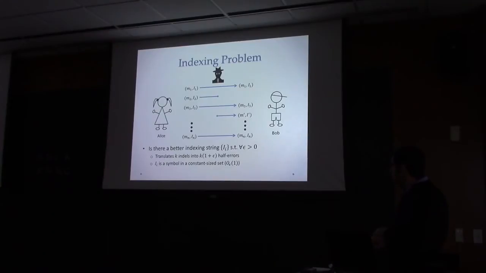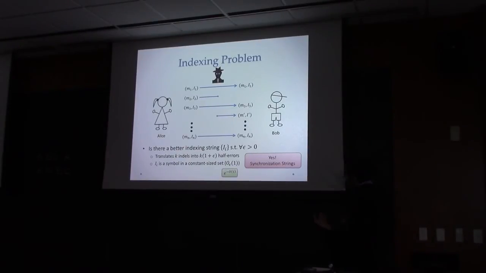And what I'm going to talk about today is the answer to this question, which is yes. We're going to introduce some strings that we'll refer to as synchronization strings, and they have this property. As a fun fact, their alphabet size is not only constant in n, but is also only polynomially large in terms of epsilon.